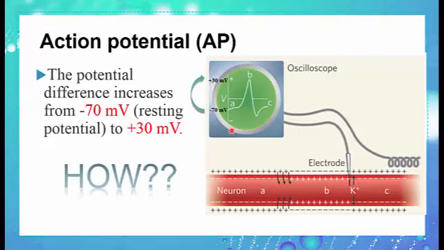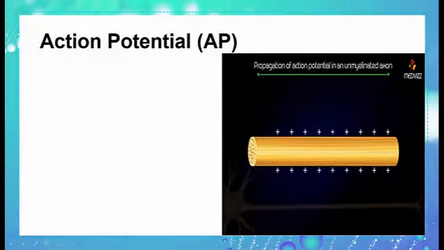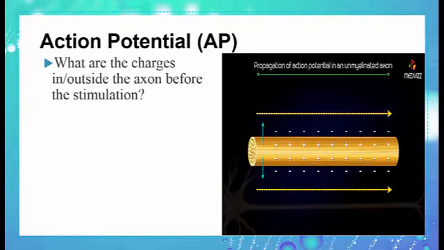But how did we obtain this recording? As a result, a wave of positivity moves down the axon without any individual ion moving very far. What are the charges inside and outside the axon before the stimulation?